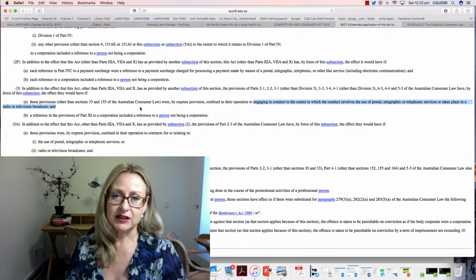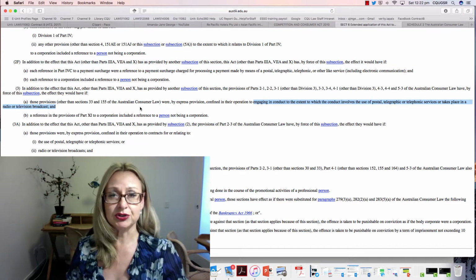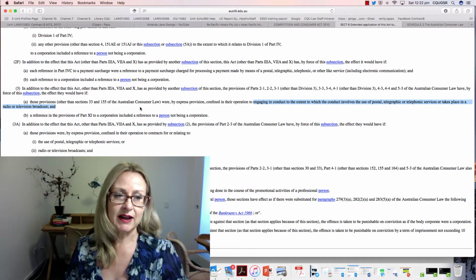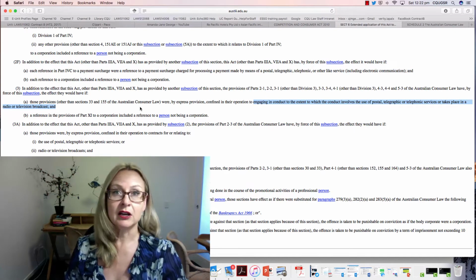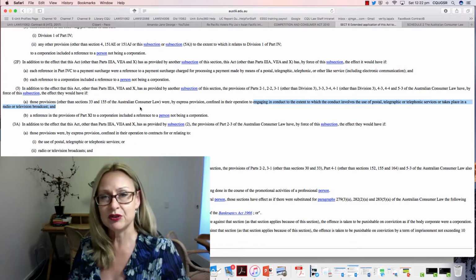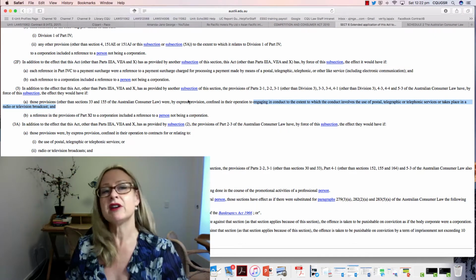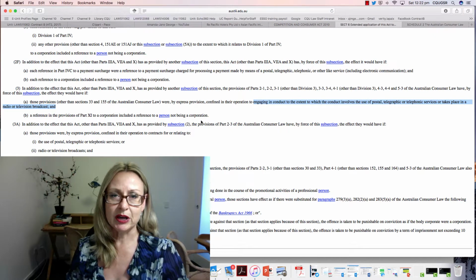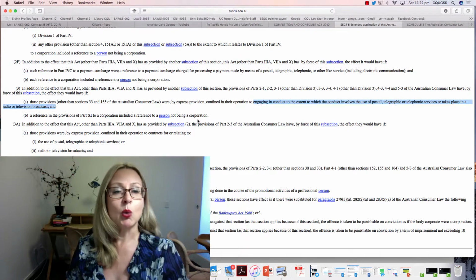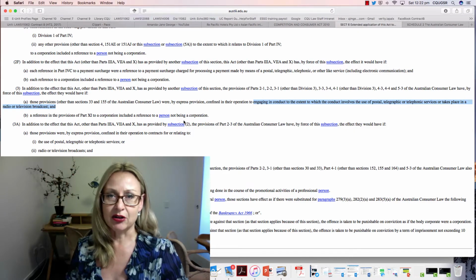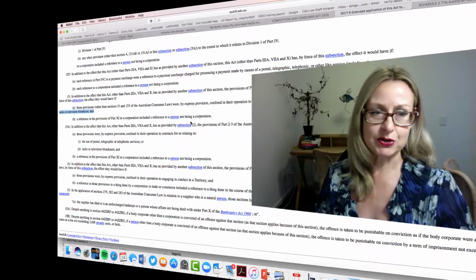And obviously states and territories aren't limited by the Constitution as the Commonwealth is, and they can more than happily legislate away in relation to natural persons that are domiciled within their jurisdiction, carry on business within their jurisdiction and so forth. So you can either have the Australian Consumer Law being applied as a Commonwealth instrument or as a state or territory instrument, as the case may be, where you are looking at regulating the conduct of natural persons.